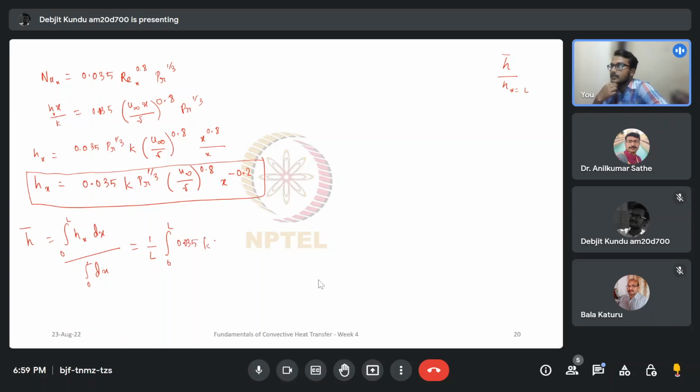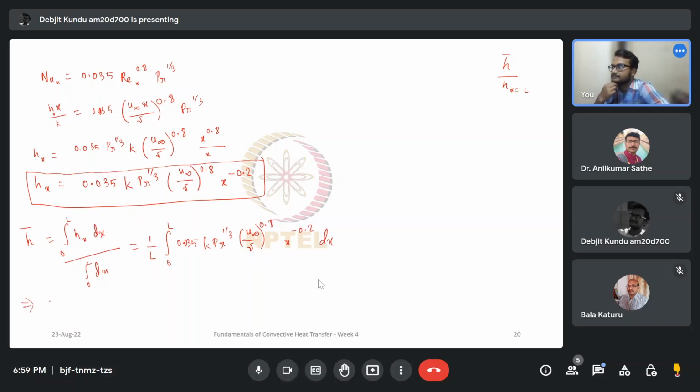Here we have a lot of stuff: 0.035 k, Prandtl number to the power one third, u infinity by nu to the power 0.8, and x to the power minus 0.2. Essentially, we will integrate only this; the rest of them become constant.